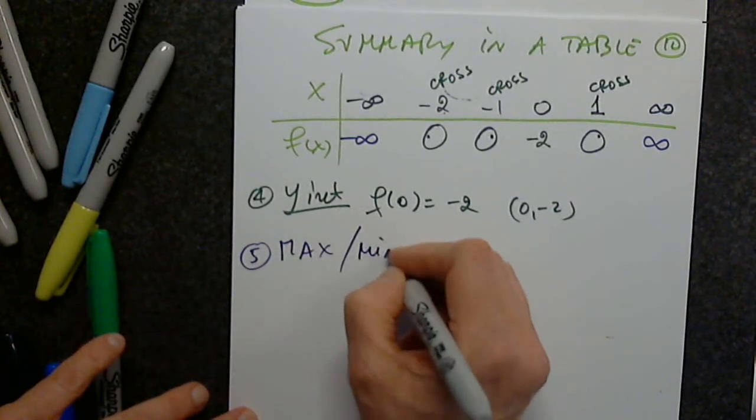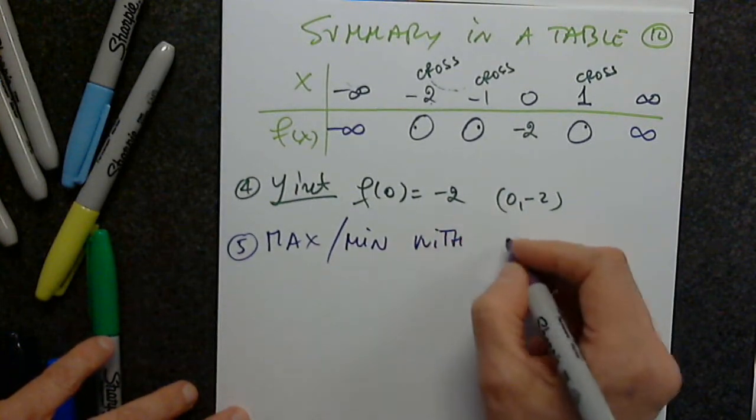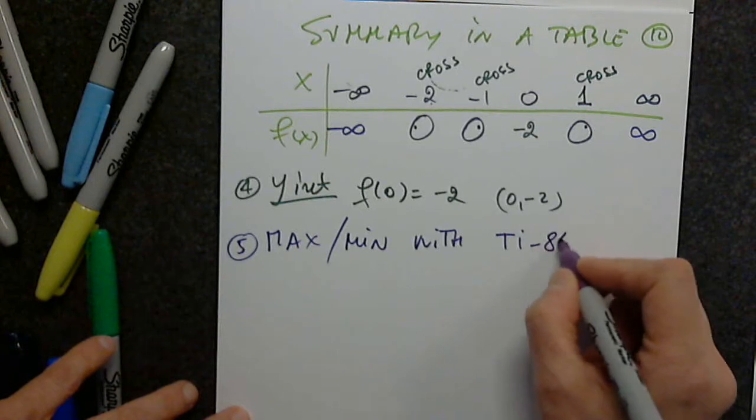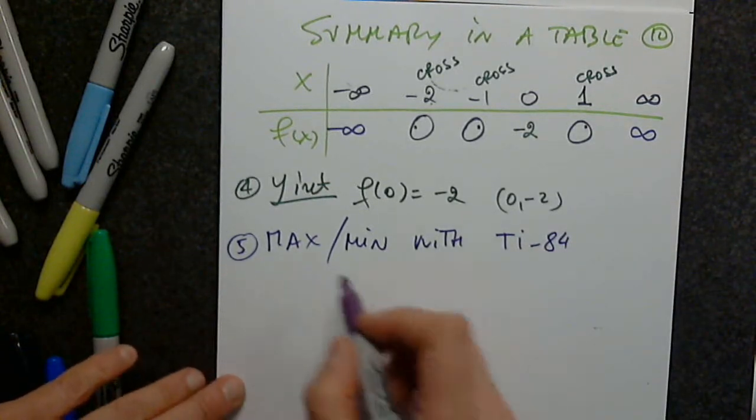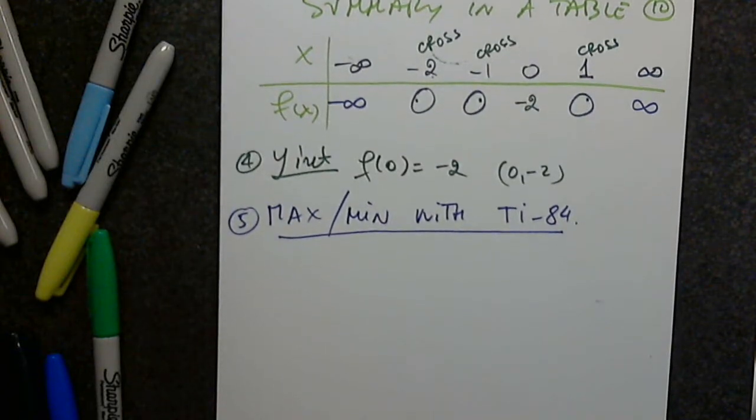Max or min, and I know you're going to like this, with TI 84 or 83. We cannot do this by hand in this class. If you take the next class, you will be able to find it without a calculator. Max min with the graphing calculator.